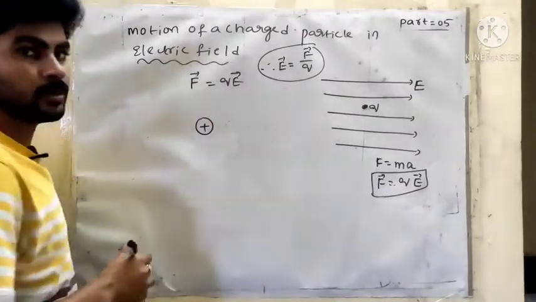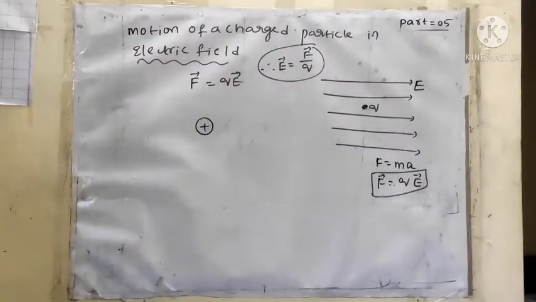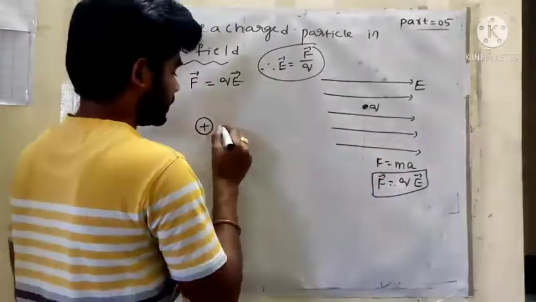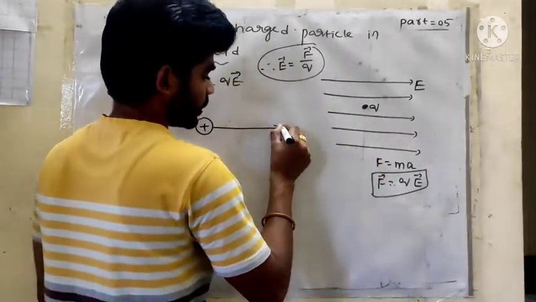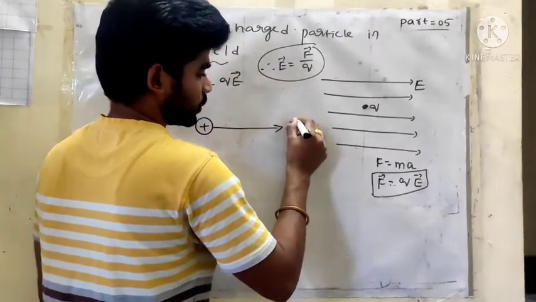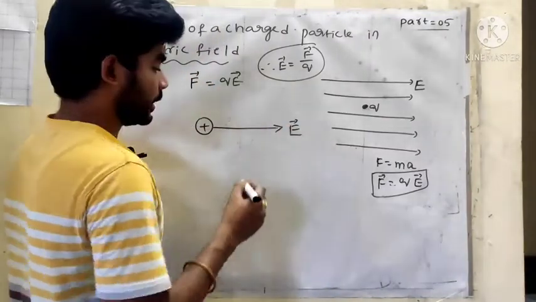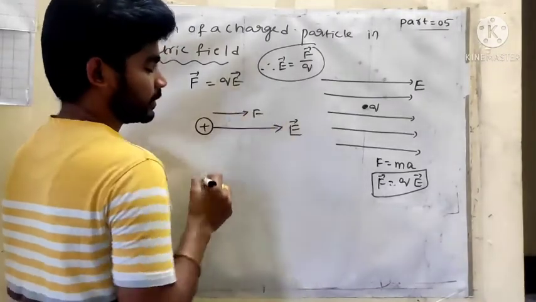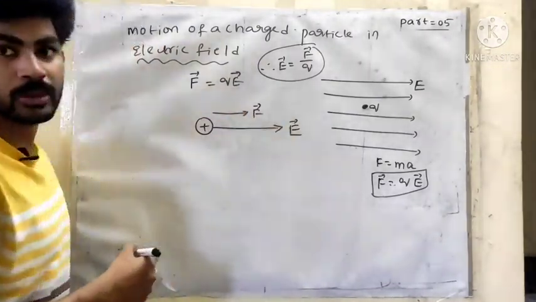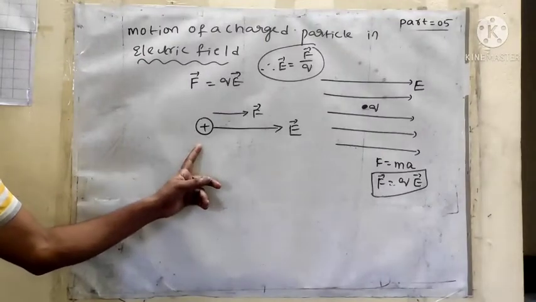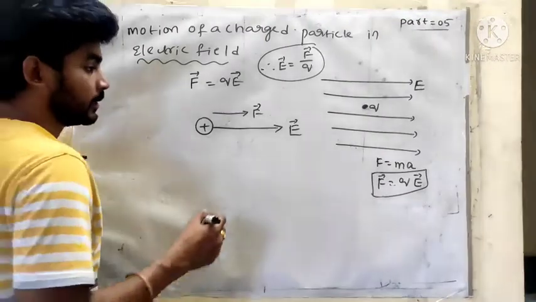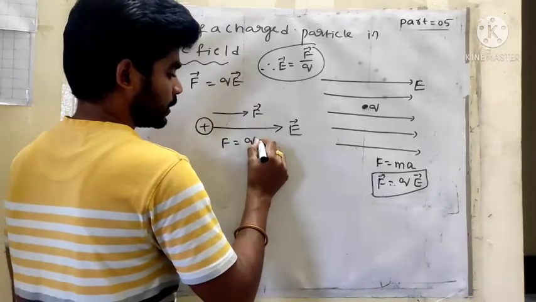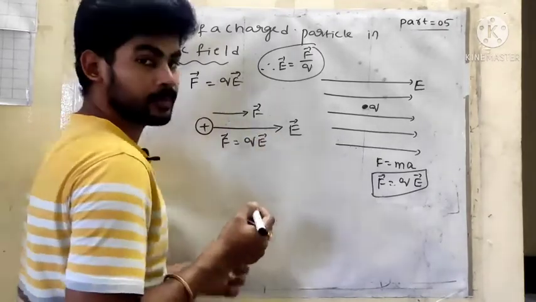The electric field is directed this way, that is E. The force also acts on the charged particle in that direction only. So in that case, F = qE.